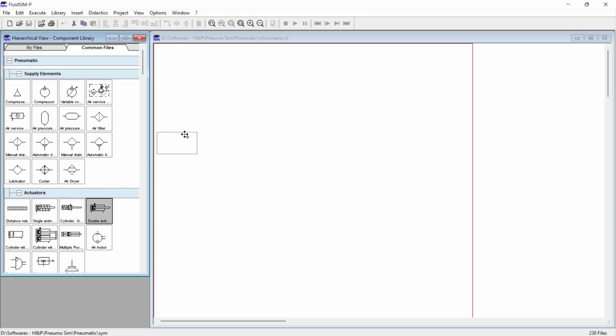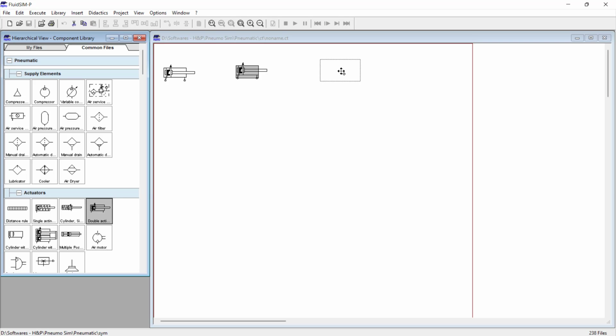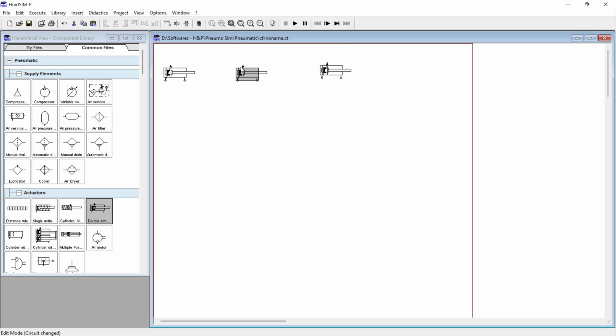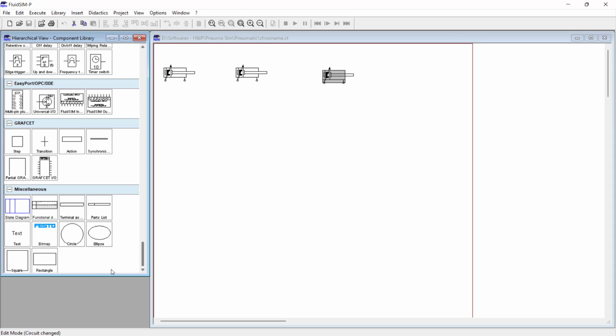I require 3 cylinders. The symbol is a double acting cylinder with double end cushioning. Here I have the arrow mark and the 2 plungers, front and back side of the piston, that represents the double acting cylinder with double end cushioning. Cushioning will reduce the extension and retraction speed.